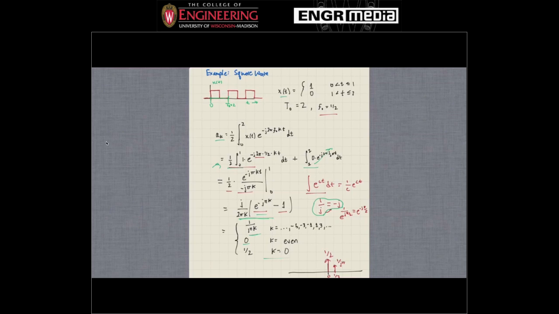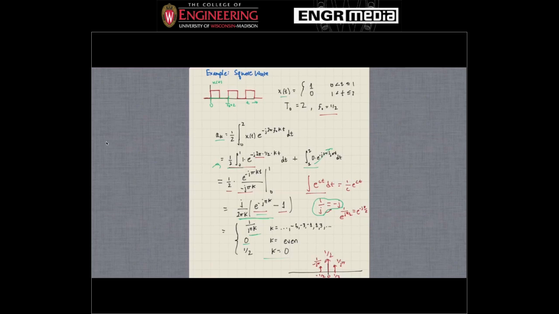Then we also have the same thing at the negative component, which I'll write as the complex conjugate to make that clear: 1 over minus j pi, at a frequency of minus 1/2.